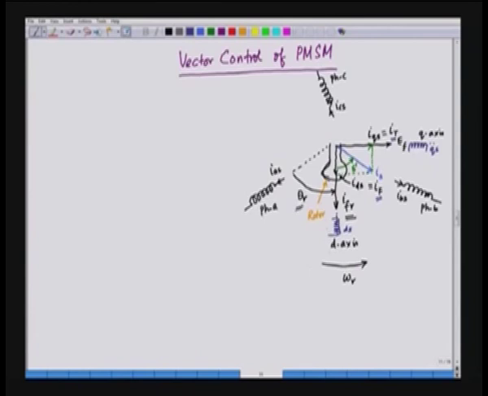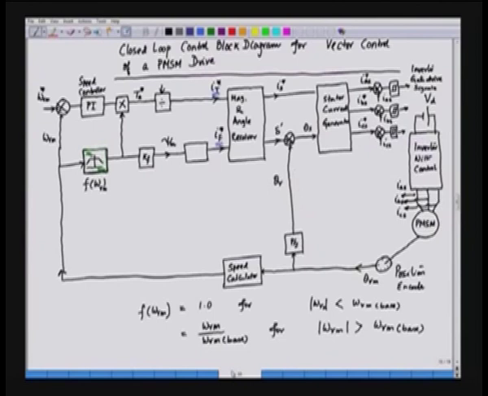So, when we transform IF and IT into IA, IB and IC, we need the angle theta r. Theta r is already here, and this theta r will transform this into the stator currents IAS, IBS and ICS.